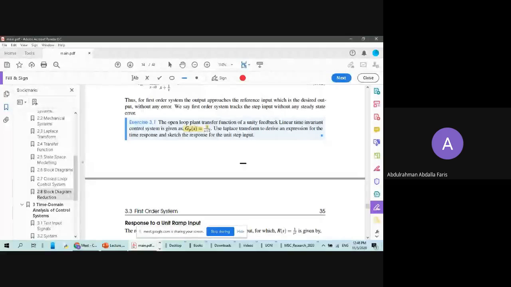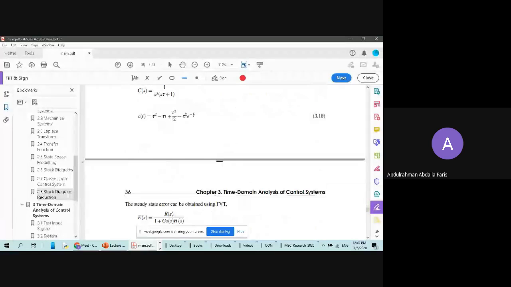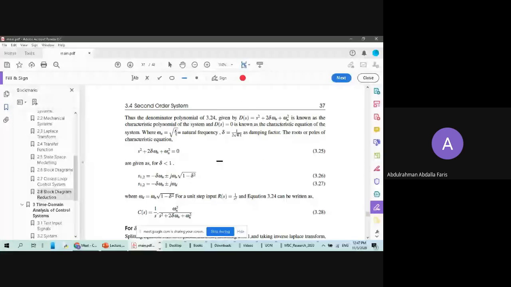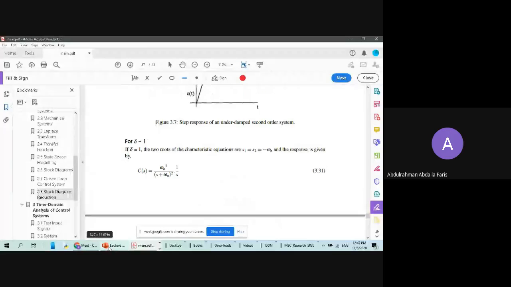There is a previous exam question with a solution where someone did it with only 1 over s plus 2, but remember he's saying in the question we have a unity feedback, and this is an open loop. So this is the open loop transfer function, and then you need to apply G over 1 plus G to get the full transfer function. So that is the way it's supposed to be. Yes, thank you.